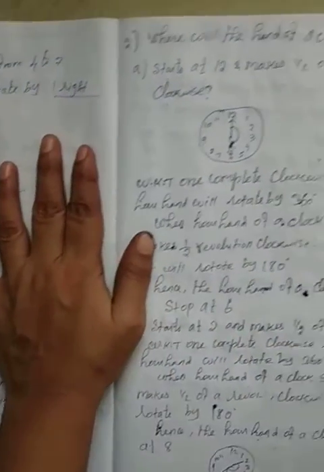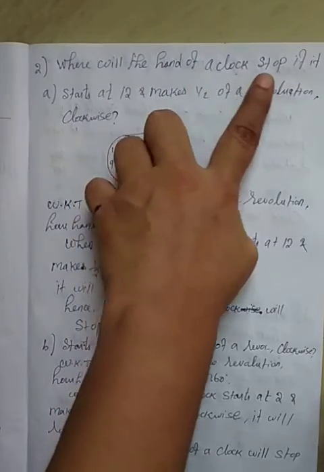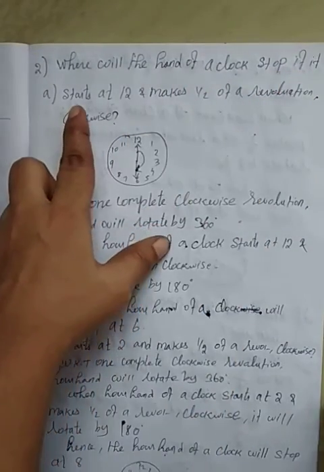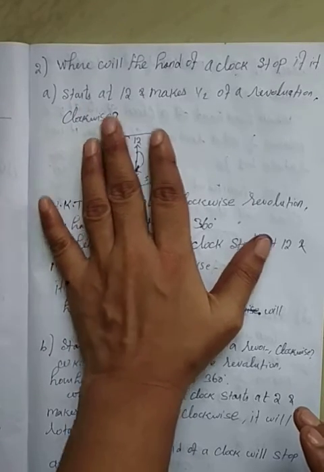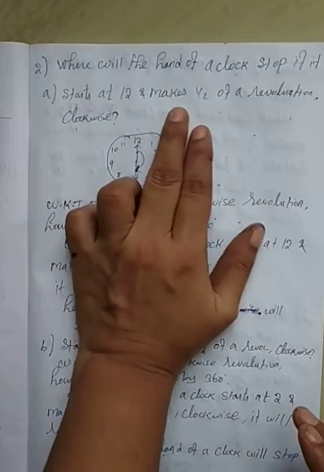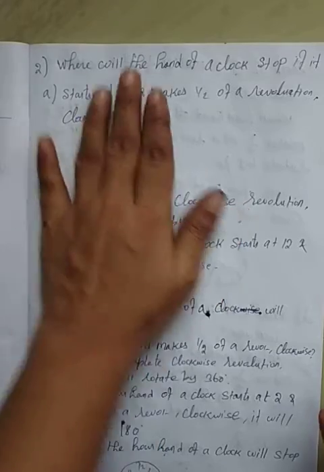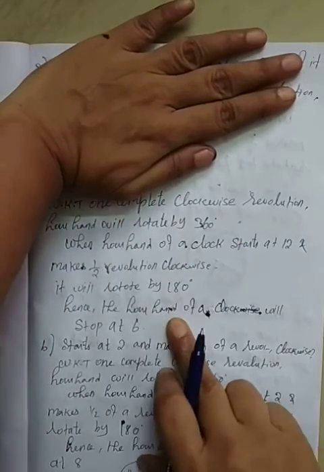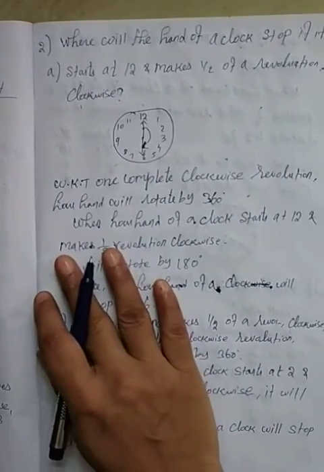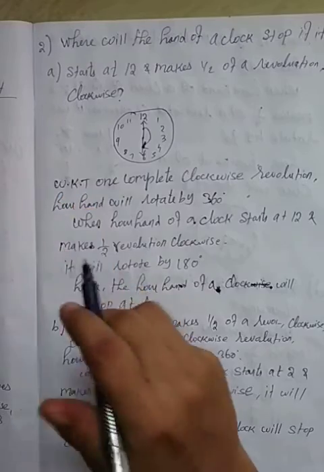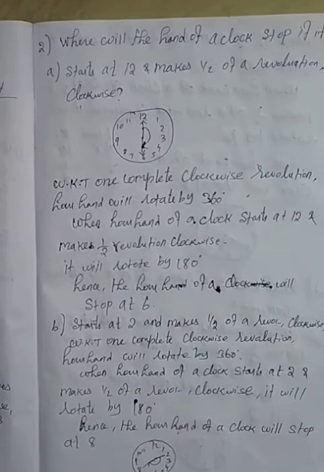After that you have to see this problem. What is your question? In your question: when will the hand of your clock stop if it starts at 12 and makes 1 by 2 of a revolution clockwise? So we have to write this line first, and after that you have to do the diagram. See here, this line is very important for every problem. We know that in one complete clockwise revolution, our hand will rotate by 360 degree.